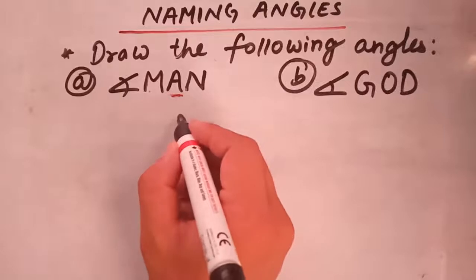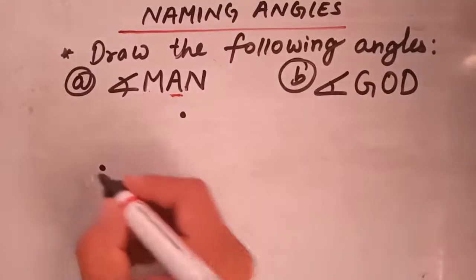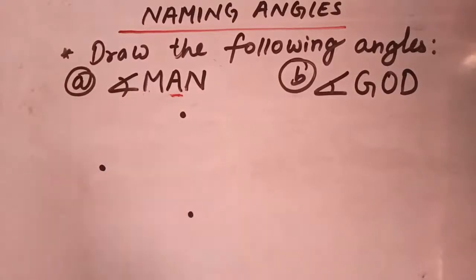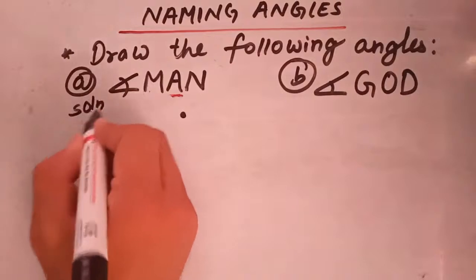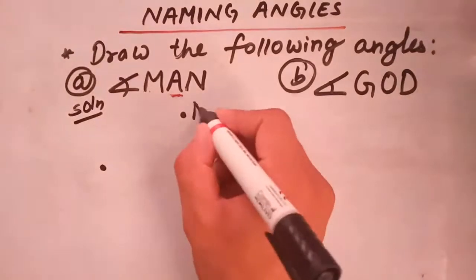Let's mark 3 points, 1, 2, 3. Here I have drawn 3 points. As I have already told you, your vertex is A, so you have to be very careful with your vertex. Let's name it MAN.